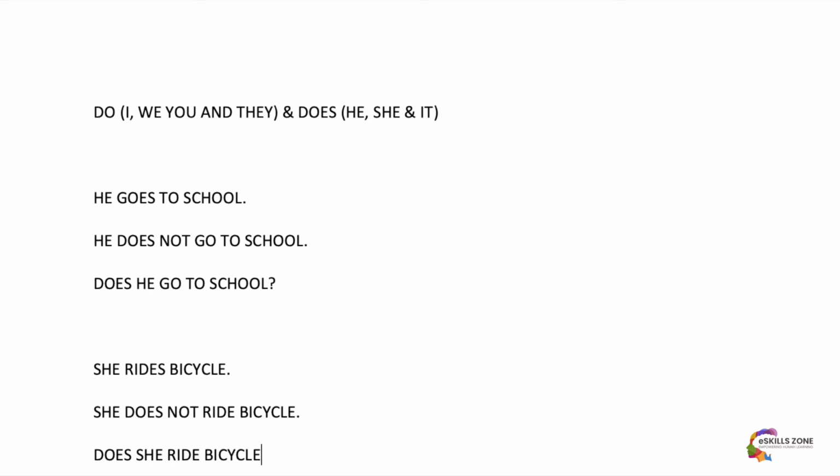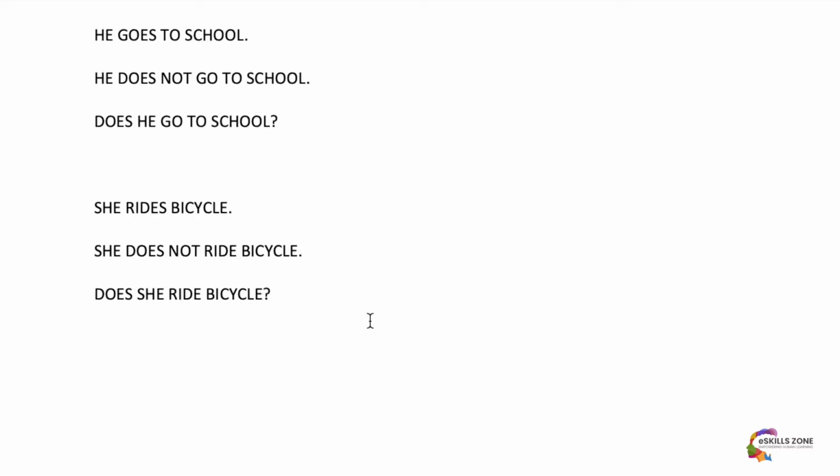So that's what it's going to be. Okay, so what I was telling you is that when you are trying to convert a positive sentence into negative, what you do, you place a not in between helping verb, which is, for example, in this case does, and verb is this, go.